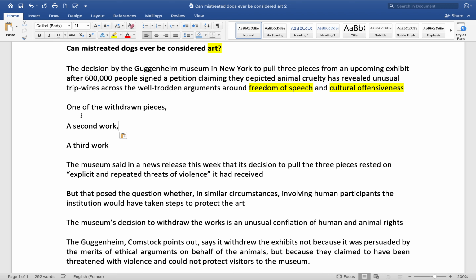Right, so I'm picking up this second one, and as I said, I don't need to explain, but you understand there were 3 pieces that were removed from the museum, and it says one of the pieces, a second work, and a third work. So, well, it's very easy to identify what those 3 paragraphs will be about. They are explaining what each of those pieces were.